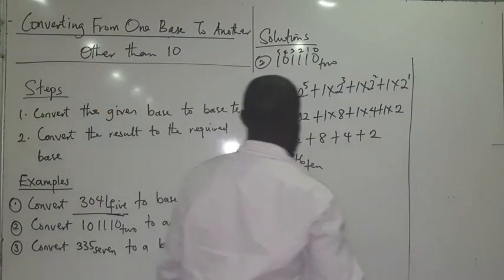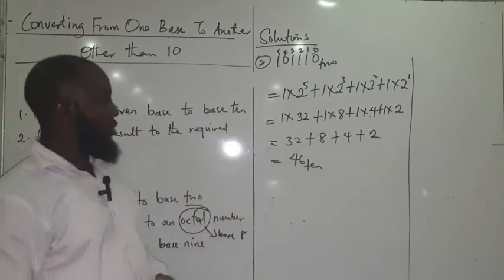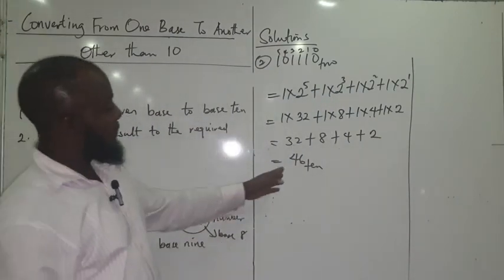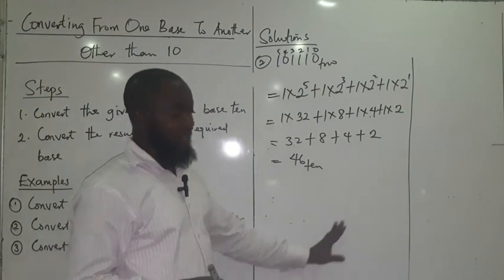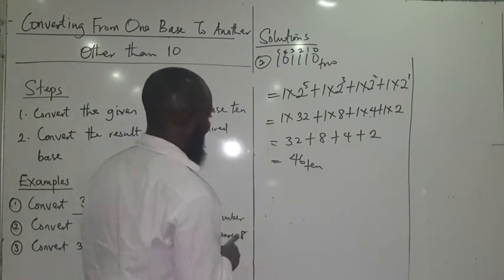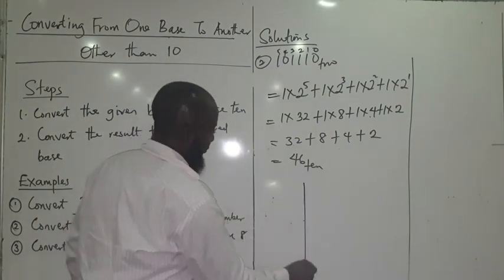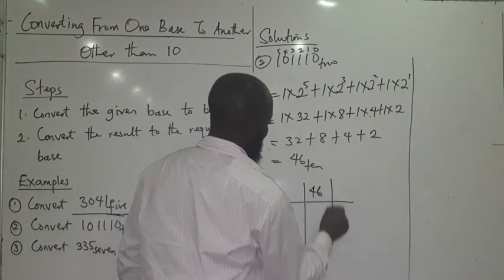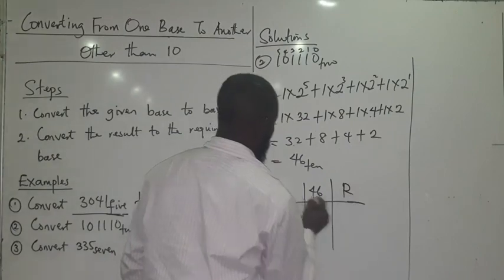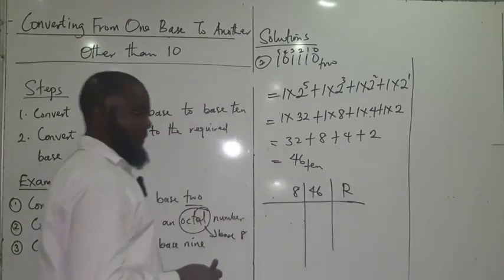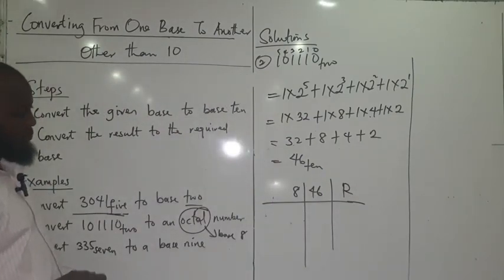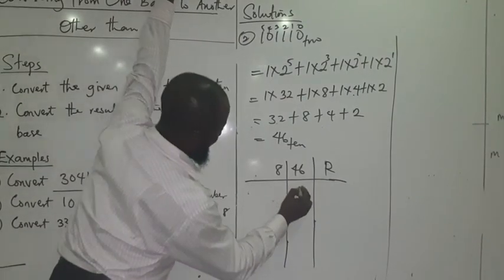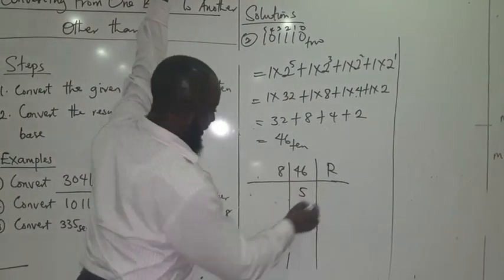Since we are converting to base 8, we use 8 to divide this, and as we're dividing, we write down our remainder. We have 46, and we have our remainder here. We have 8 here. 8 in 46 is 5, which is 40, remainder 6.